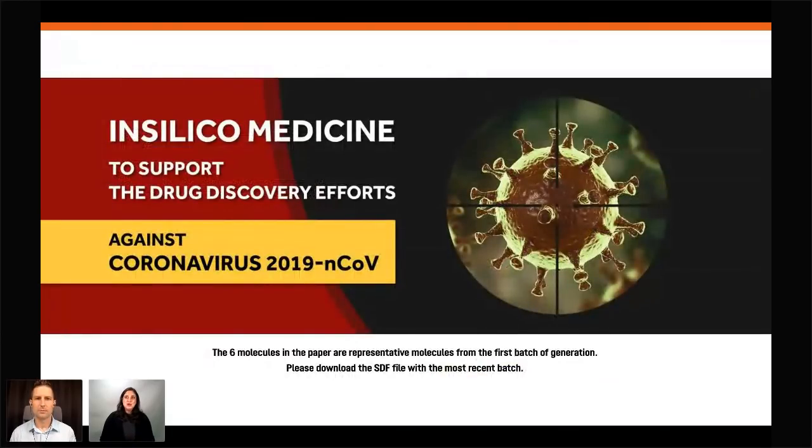Now, here's another way we might be able to approach this. Insilico Medicine is an artificial intelligence drug discovery platform. Essentially, they use computational power and machine learning algorithms in order to model the things that they want to find drugs for. And they have now turned their efforts to COVID-19.